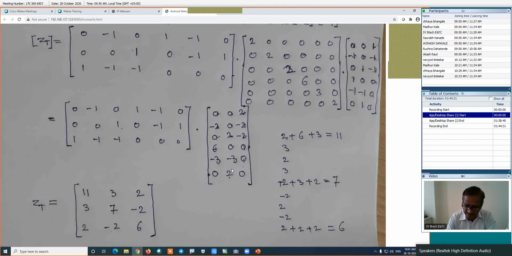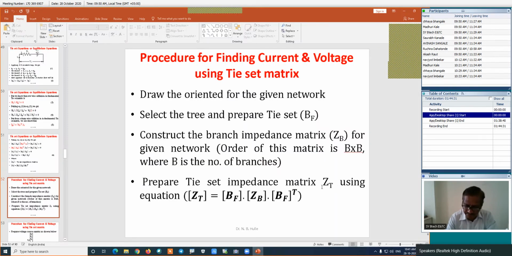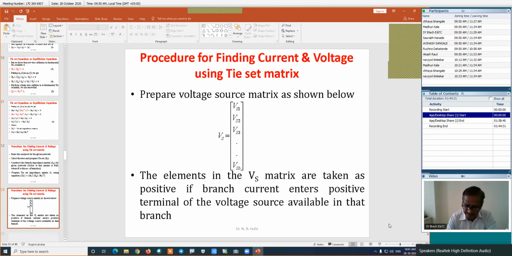If we know the Triset impedance matrix, look at what the next step is. We have prepared the Triset impedance matrix ZT using the equation. I will go to the next figure.